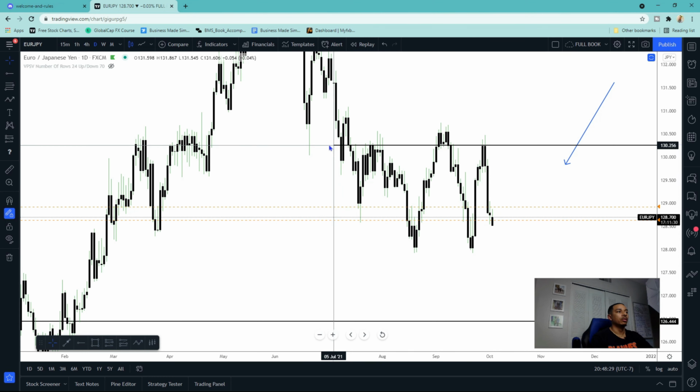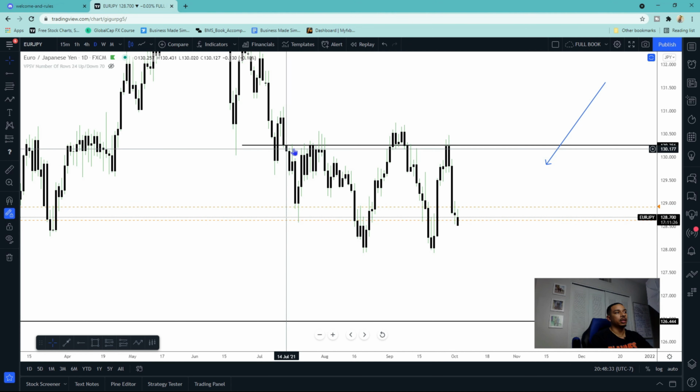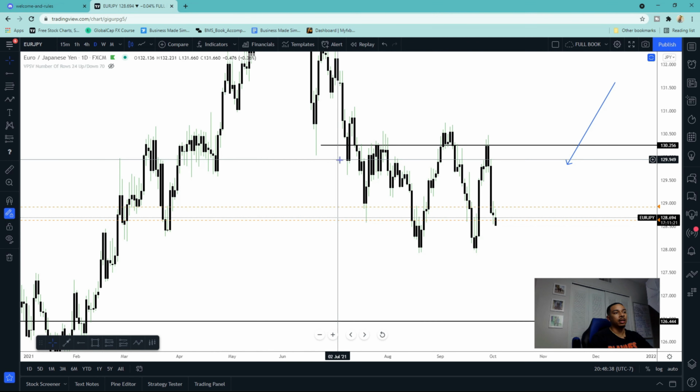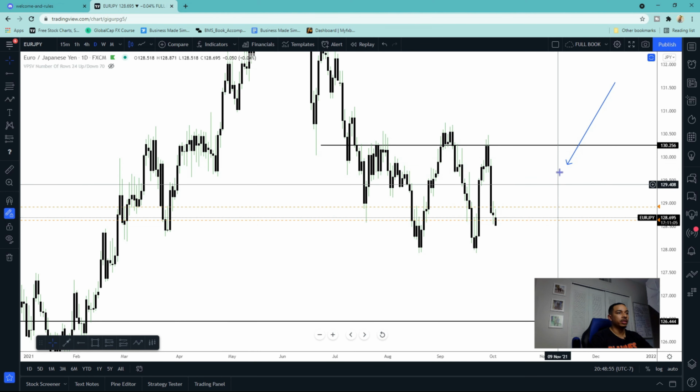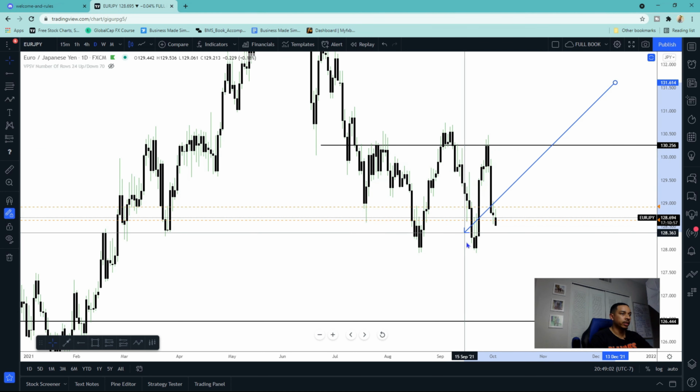Okay. And then as you can see, guys, the horizontal line that I made in the weekly looks a lot nicer in the daily now that I have gotten it up to the top of this body here, which is 130.200 roughly. And then every time after that, it came back down, and these candles right here gave you some rejection candles, and then it came down.